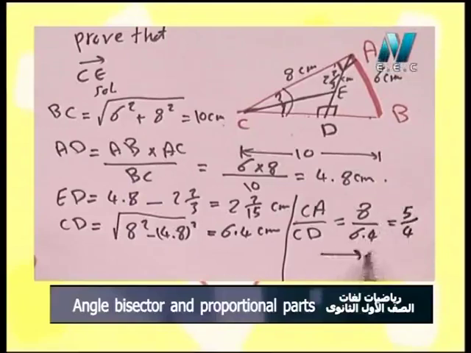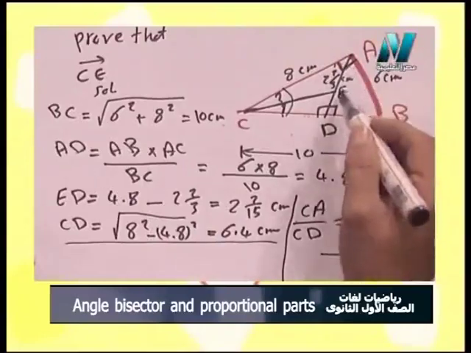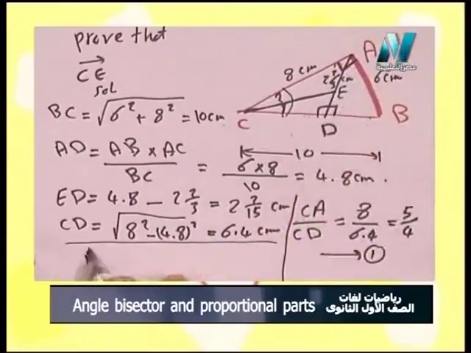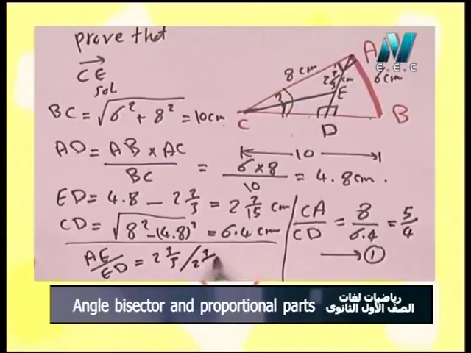It is the first ratio, and we have another ratio which is AE over ED equals 2 and 2 over 3 over the length of ED, which is 2 and 2 over 15, and the answer will be 5 over 4.